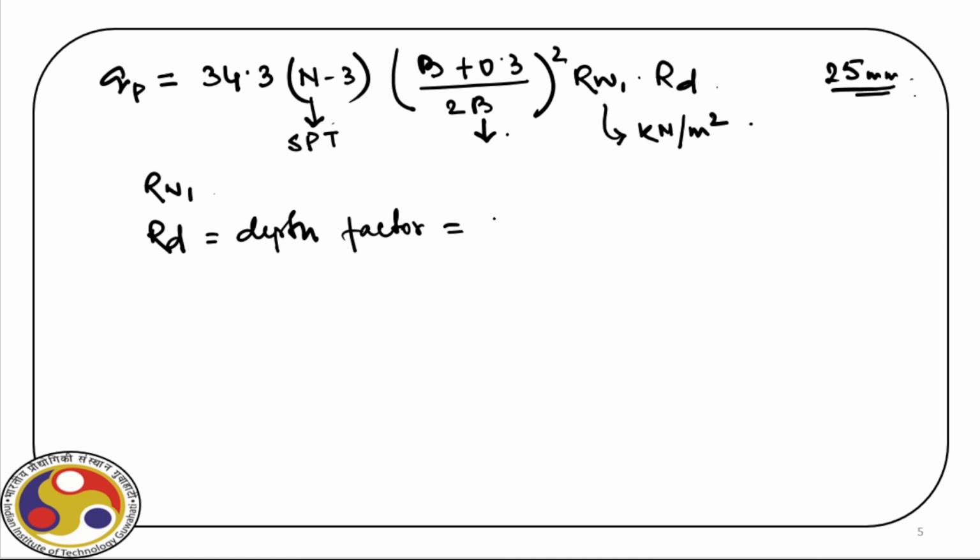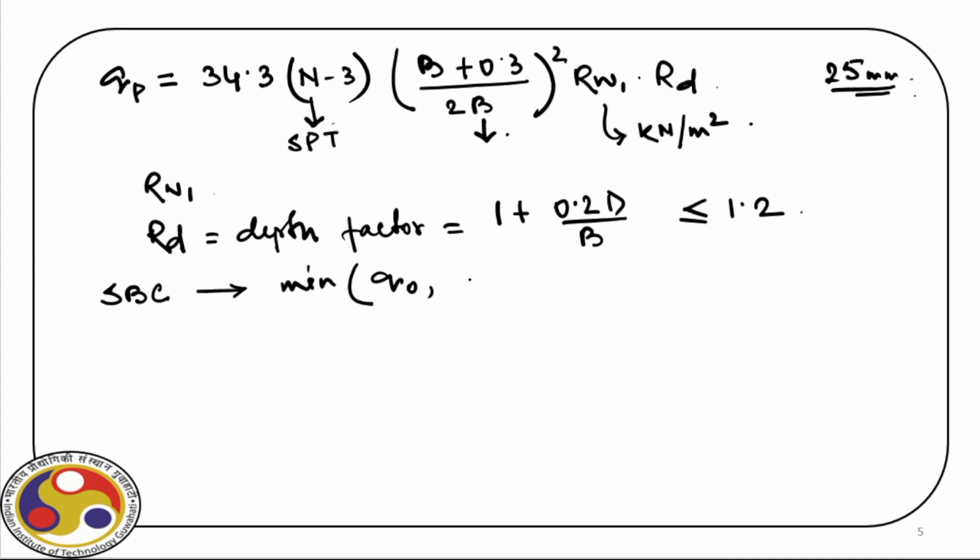And this is equal to 1 + 0.2D/B, and should not be more than 1.2. Now, when we talk about safe bearing capacity of a particular site, we actually consider the minimum of these two. So we have Qp and Q0. The minimum of these two is what we consider the safe bearing capacity of a particular site.